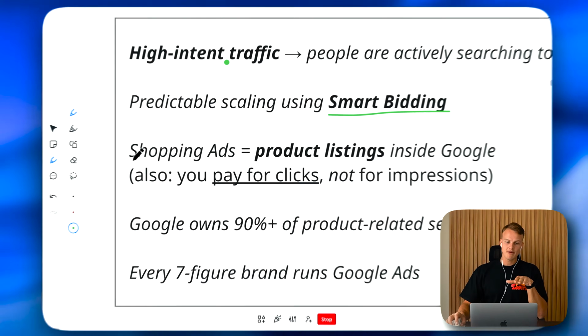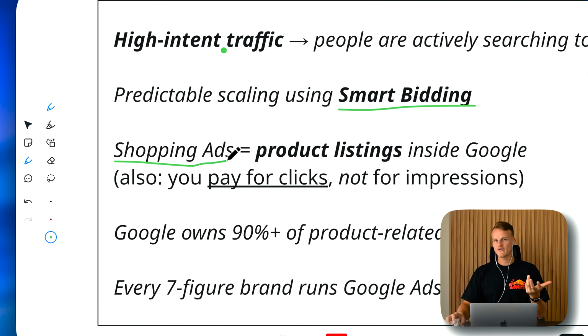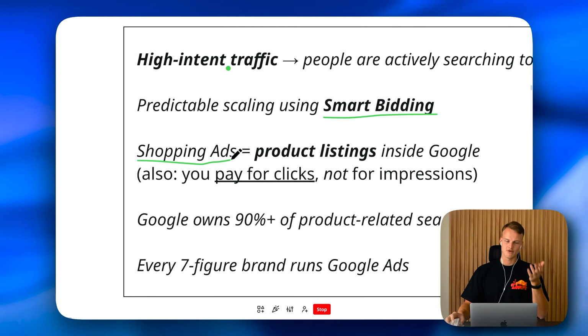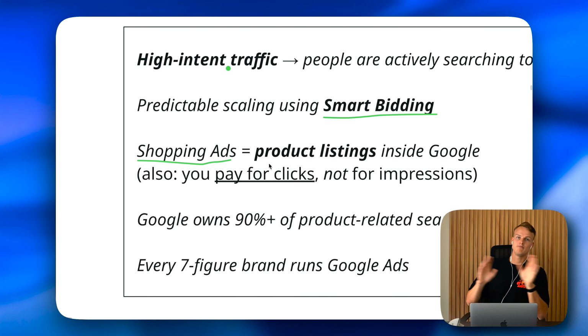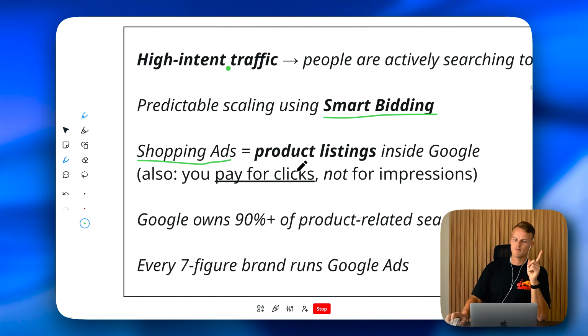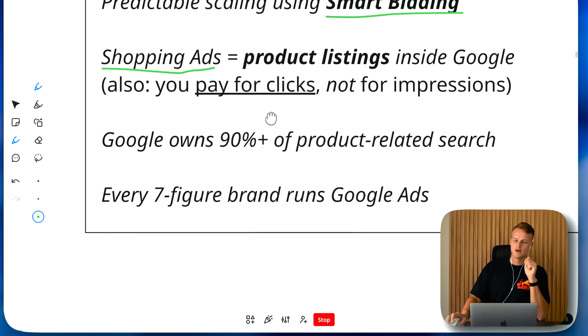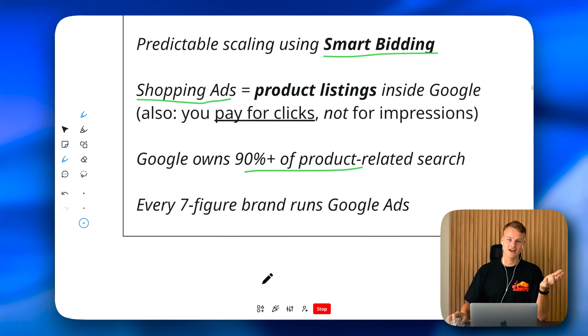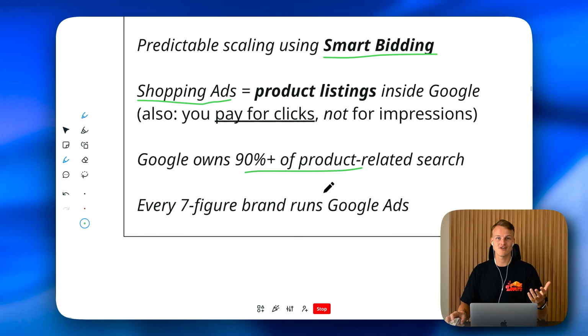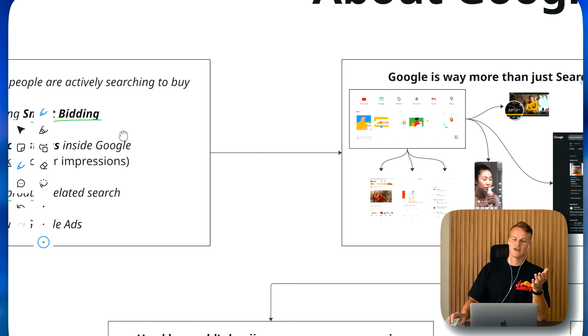When it comes to shopping ads, that's actually one of the most important ad placements for e-commerce, obviously, because they are literally product listings inside Google and you just pay for clicks. So if you get the impression but you don't get a click, you don't pay, which is very important as well. Also, Google owns 90% of product-related search, so you should probably advertise there. If somebody's looking for your product, they will be on Google, right? And literally every 7-figure brand runs Google Ads, so you should probably too.